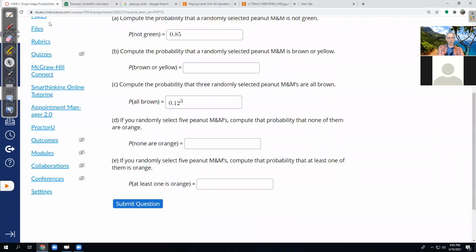Looks like there's one last part. If you randomly select 5 peanut M&Ms, compute the probability that at least one of them is orange.